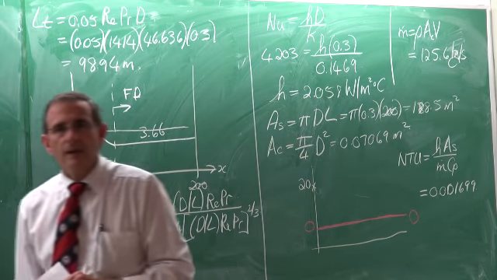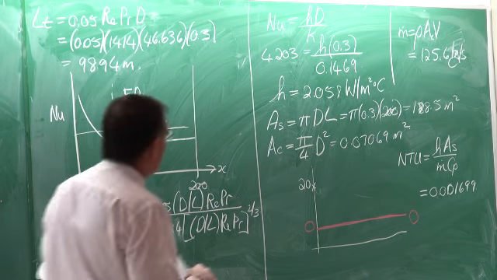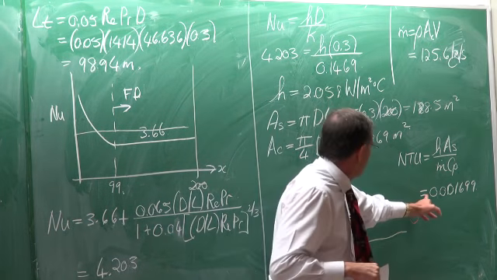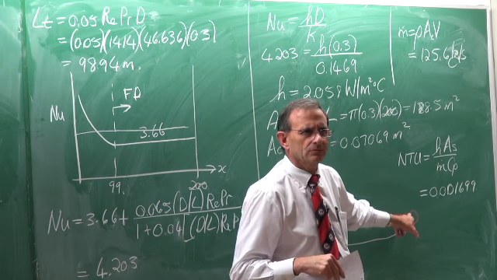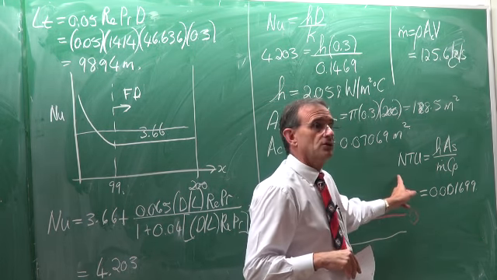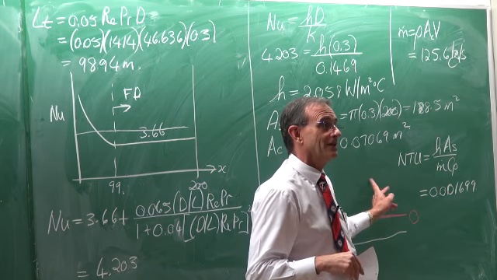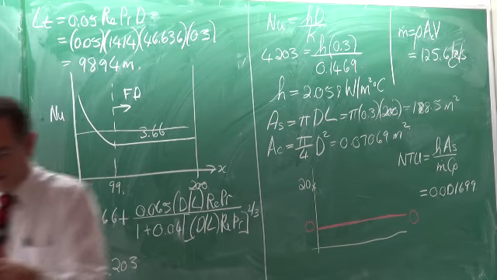What does it mean? It means that the heat transfer will be very ineffective. Not a lot of heat transfer is going to occur. Remember, if that value is 5, then the outlet temperature of the oil would be about 0. But because it is far from 5, we know that the value is not going to drop a lot. That is the advantage of what the NTU method is telling us.